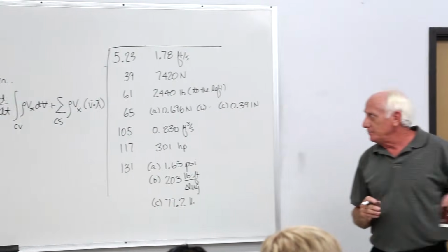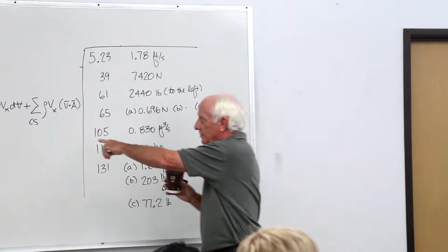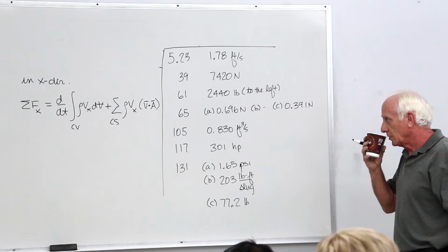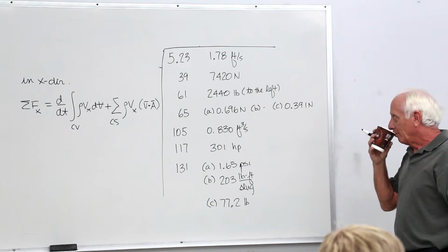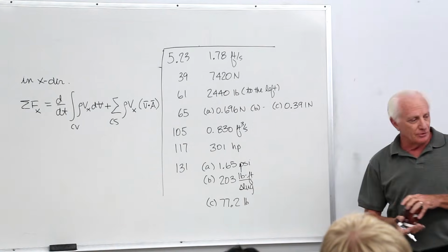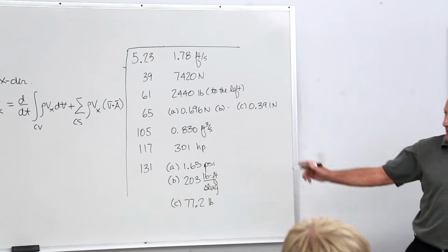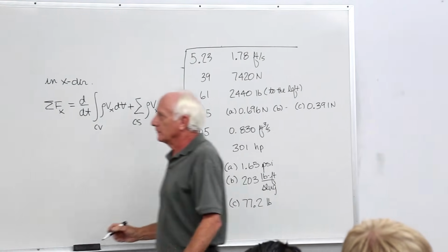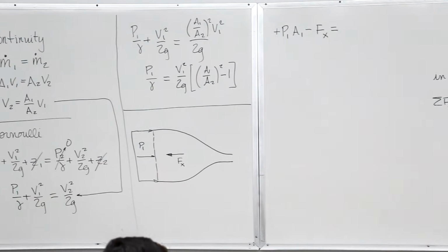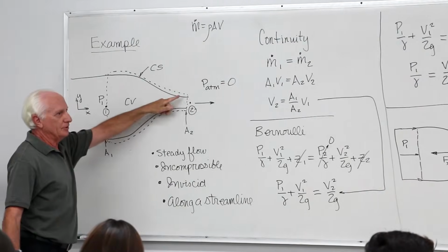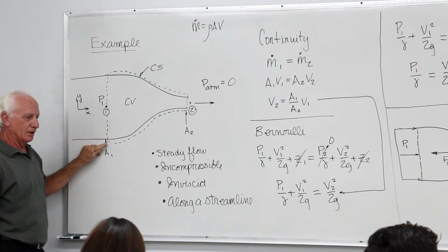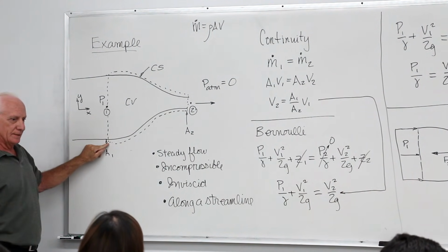What it says there is go around the control surface. Wherever fluid enters or leaves the control volume, there's going to be a contribution from this term. So, go around the control surface until you reach a point where flow crosses. I'll start at the lower left-hand point right there.